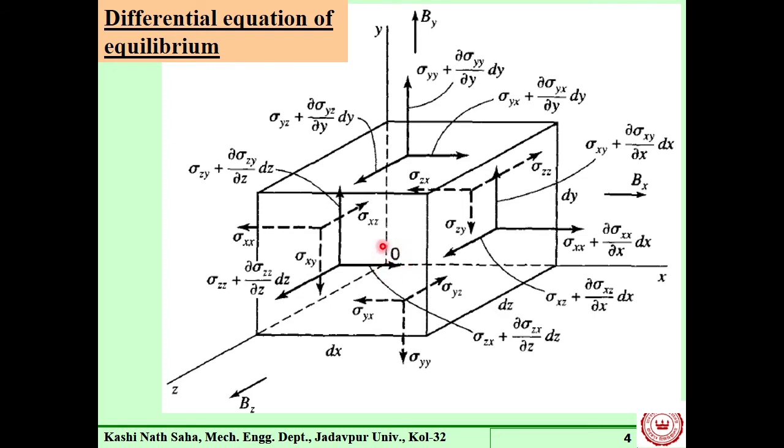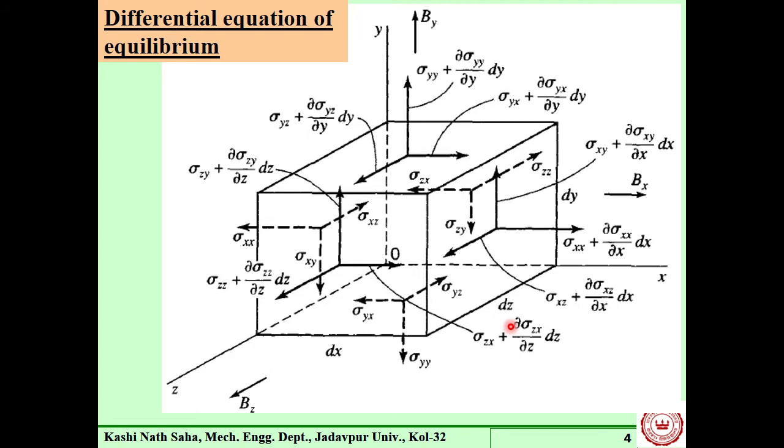Say here it is O, or we can say our coordinate axes have been shifted to that point. How much have we shifted? Along x, y and z we have shifted by an amount dx, dy and dz.